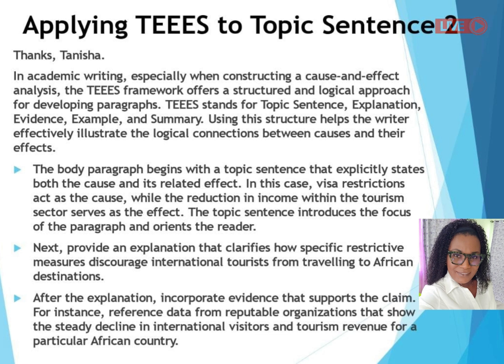The topic sentence introduces the focus of the paragraph and orients the reader. Next, provide an explanation that clarifies how specific restrictive measures discourage international tourists from traveling to African destinations.